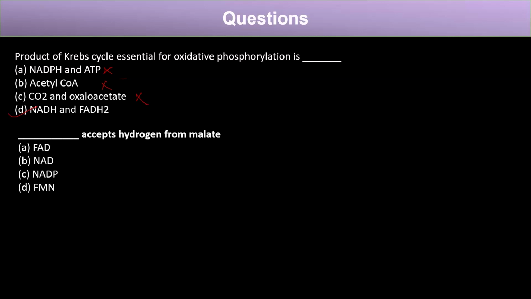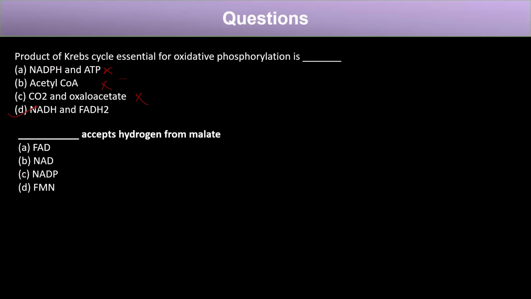Okay. The next question is: what accepts hydrogen from malate? We have studied malate in the case of the Krebs cycle, right? But from malate, what was the compound that accepted the electron? Is it FAD or NAD?